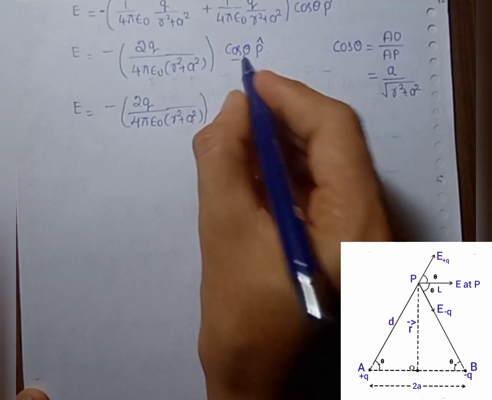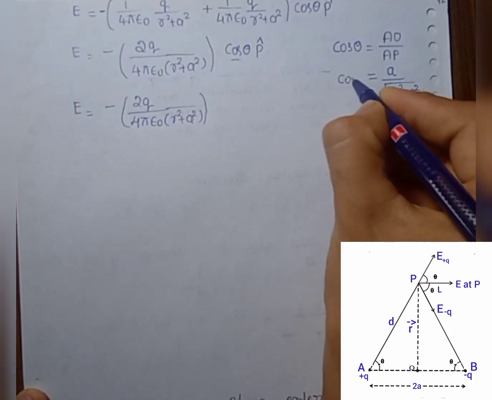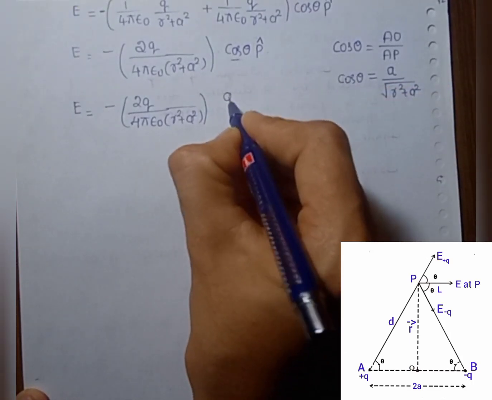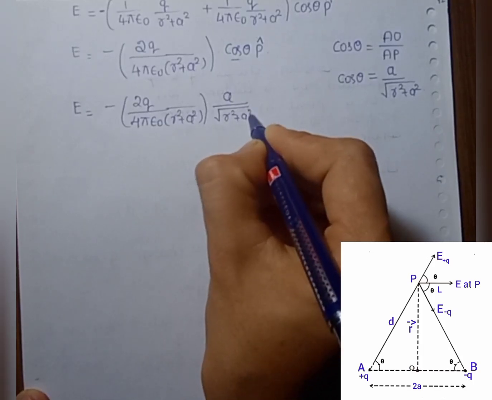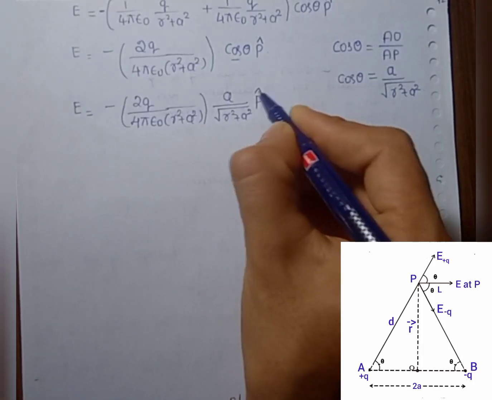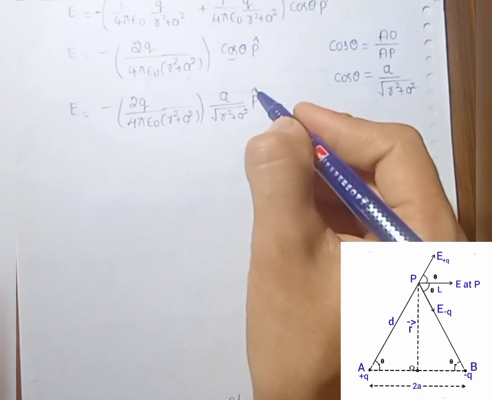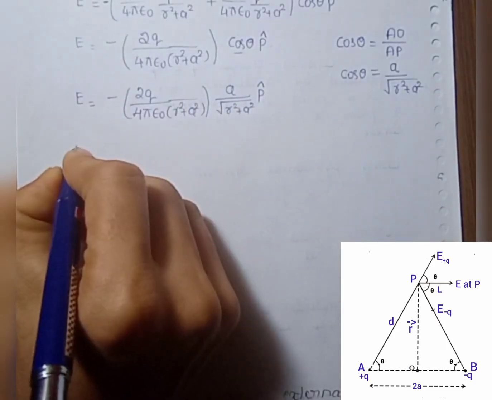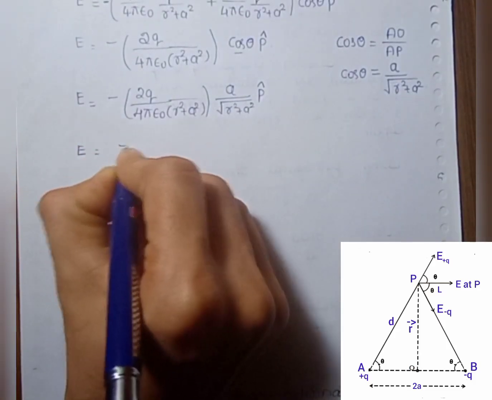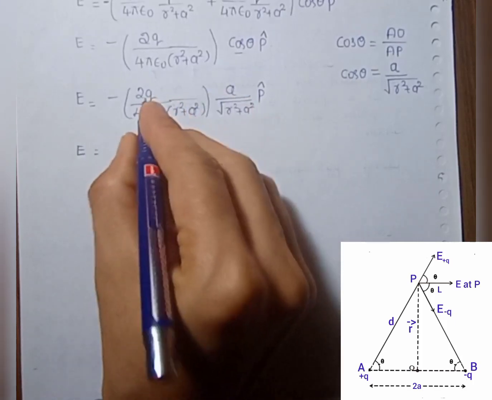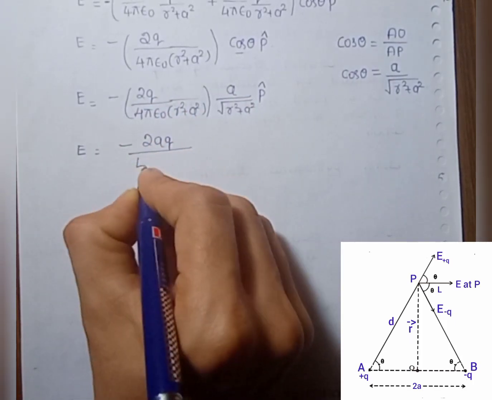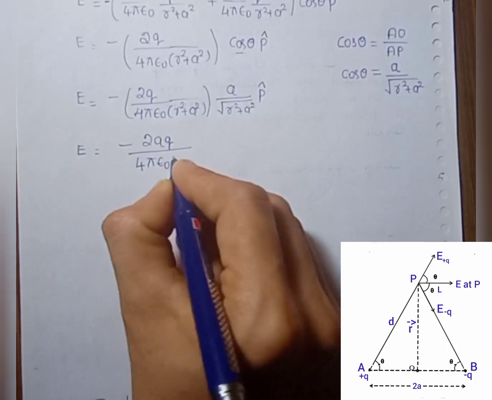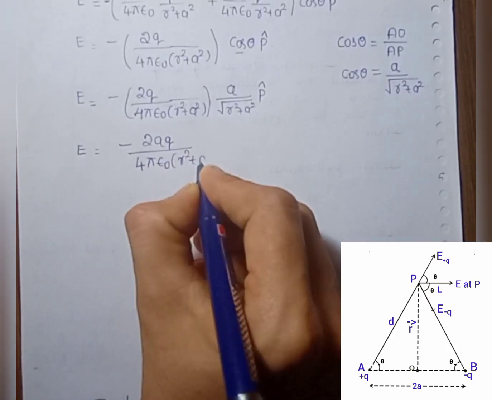In place of cos theta, we have to write A divided by square root of R square plus A square into P cap. E is equal to minus 2AQ divided by 4 pi epsilon naught R square plus A square.